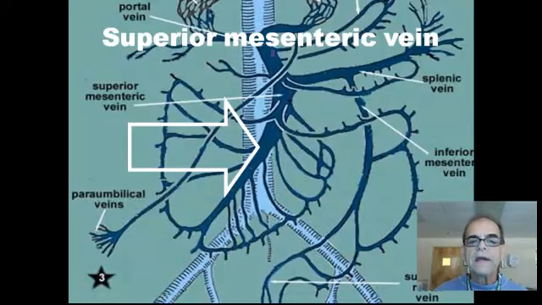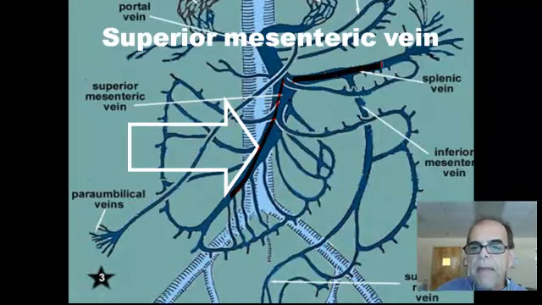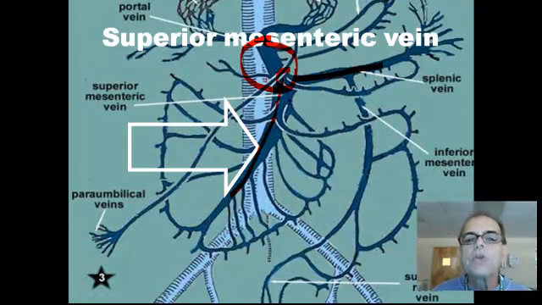You can see here the superior mesenteric vein together with the splenic vein form the portal vein that gives blood to the liver. And this is not normal, because organs take blood from arteries, but the liver takes the blood from a vein, the portal vein.